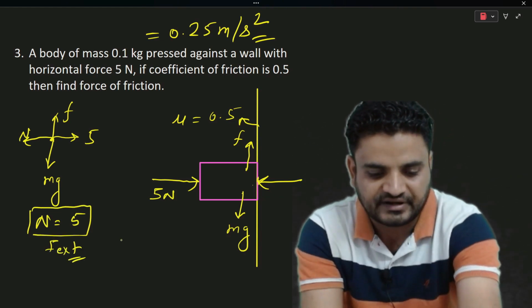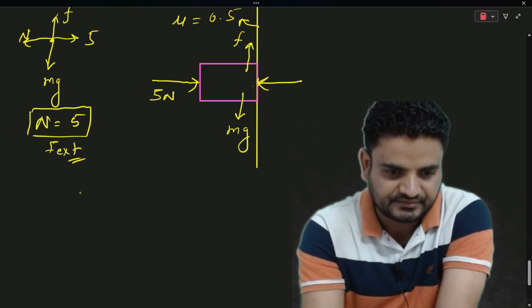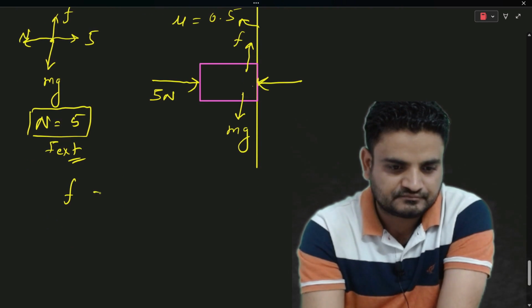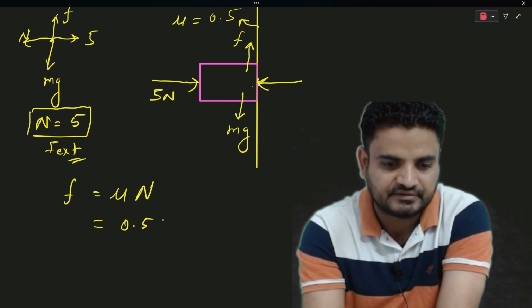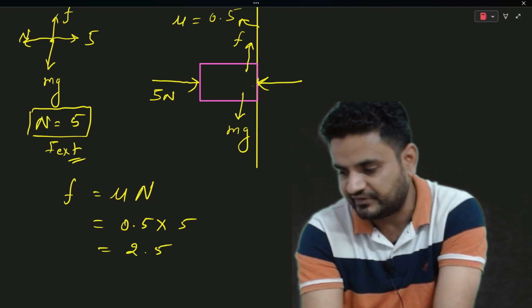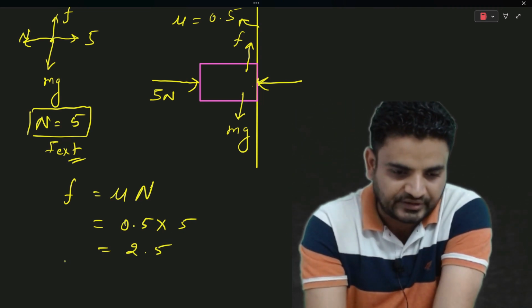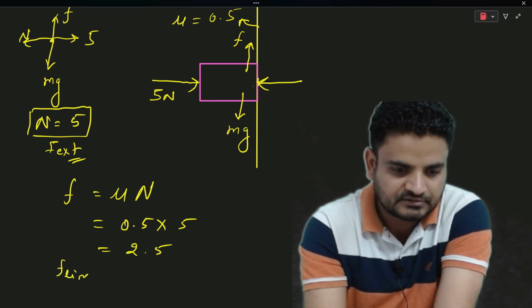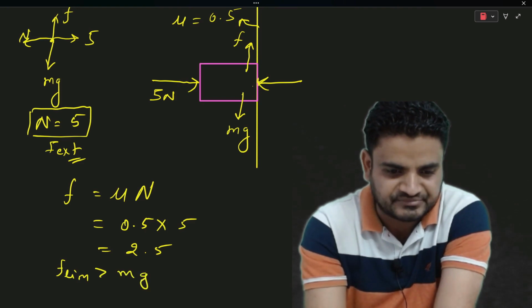Okay, now we have to find the friction value. Friction is mu into N. Mu value is 0.5, N is 5, so it is 2.5. Clear? So here we can say this F limiting is greater than mg.